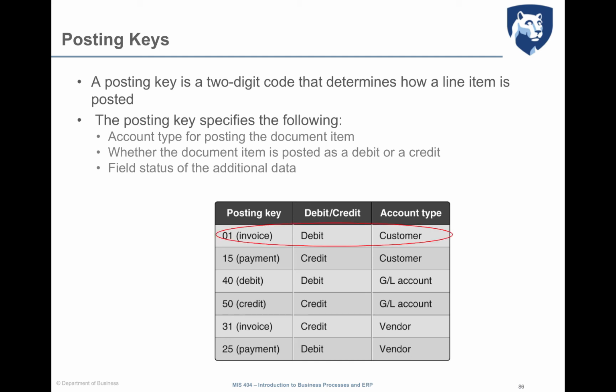For example, if we have a posting key of 01, we indicate an invoice, which is a customer invoice, which is of course linked to a debit item. If instead we indicate 13 as a posting key, it's still an invoice, but it is an invoice for a vendor, which means a credit.